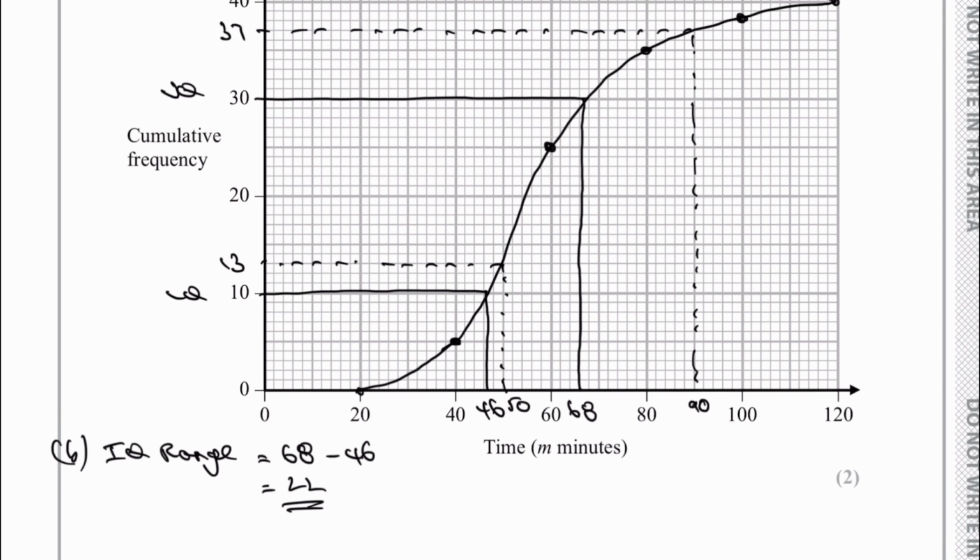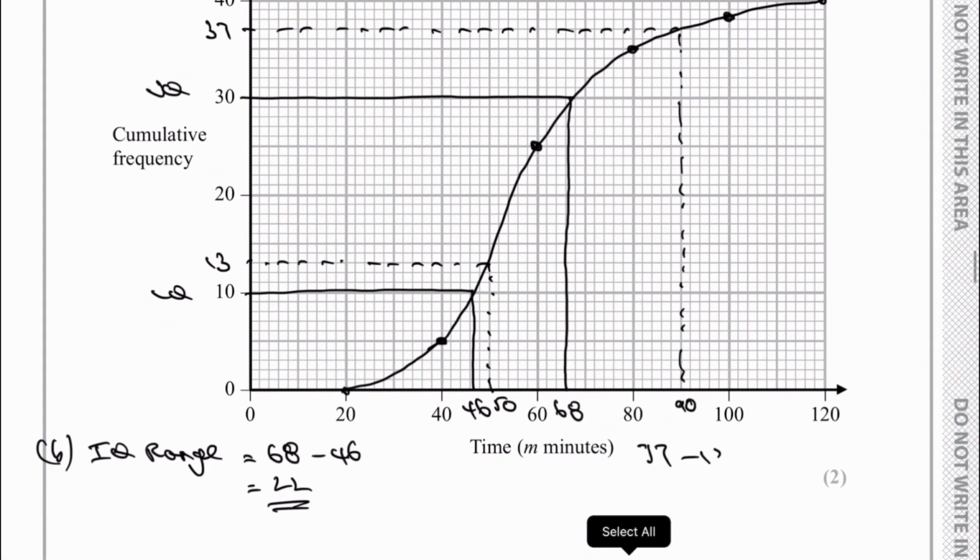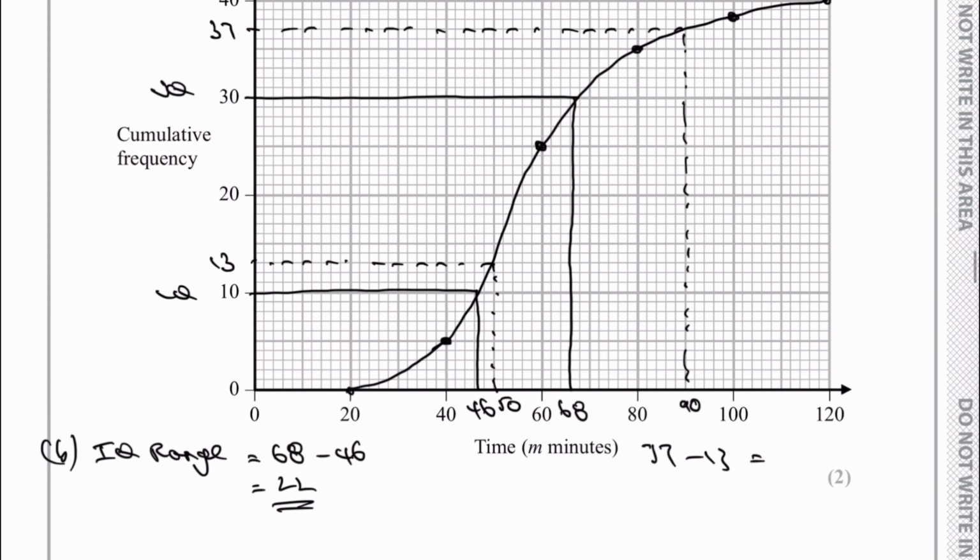So the probability really is going to be the difference between 37 people and 13 people, and therefore that's going to be 24 people. And that's out of 40 people. So 24 out of 40 is going to be the answer to part C of this particular question.